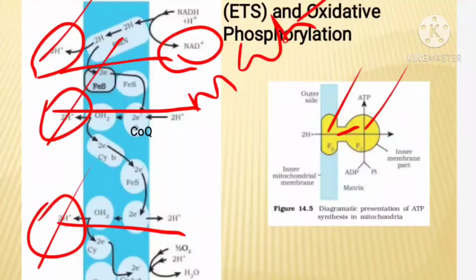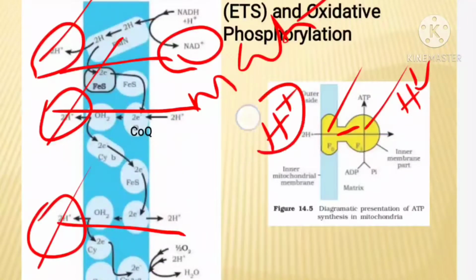Now, on the outer side of the inner membrane, the hydrogen is more and here the hydrogen is less, isn't it. So, what happens? Hydrogen from here has to come here. You can find this hydrogen is being carried by these F0 and F1 particles.